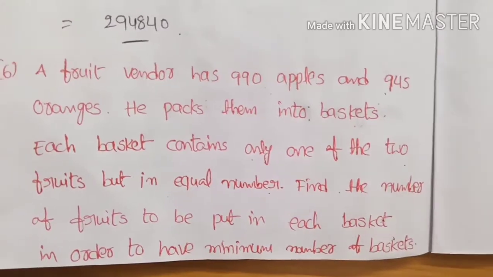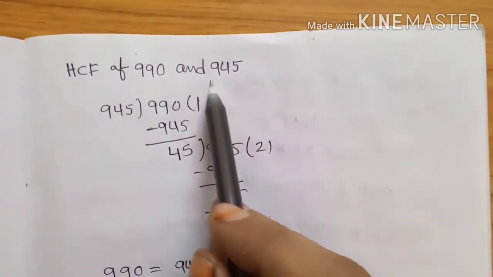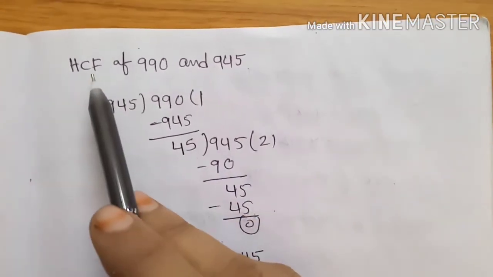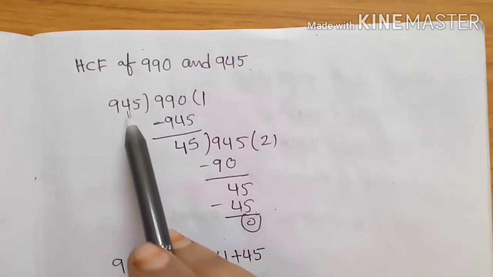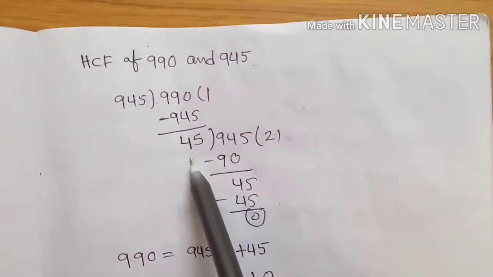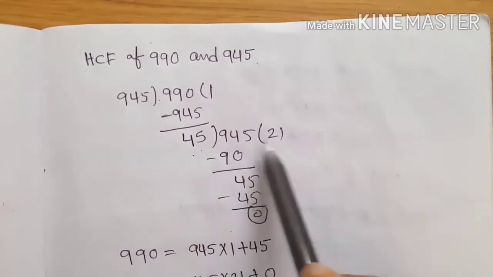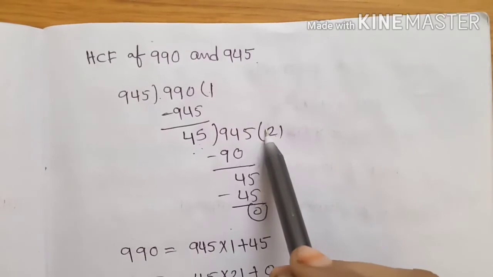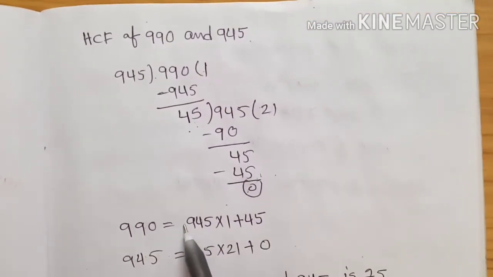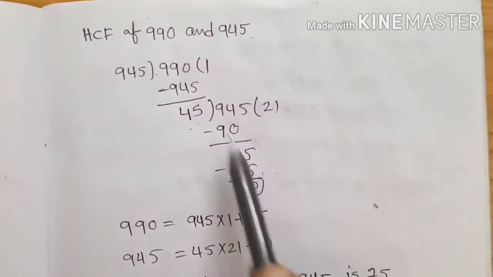Then the HCF of 990 and 945, the highest common factor. Then 990 = 945 × 1 + 45, this is the remainder.